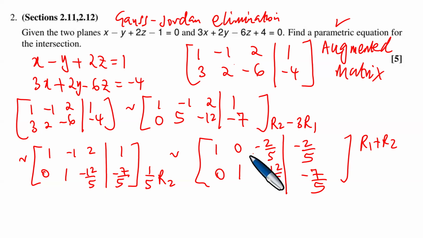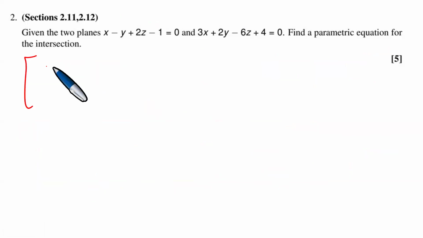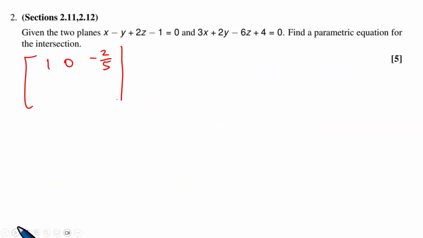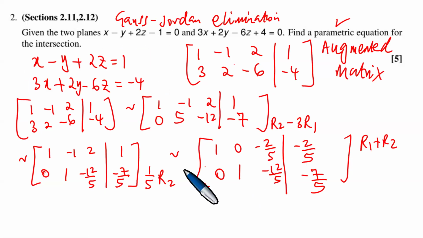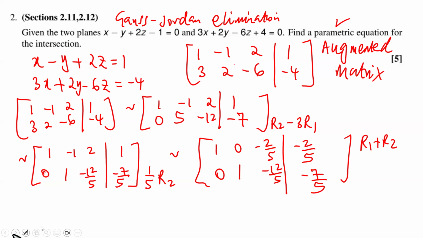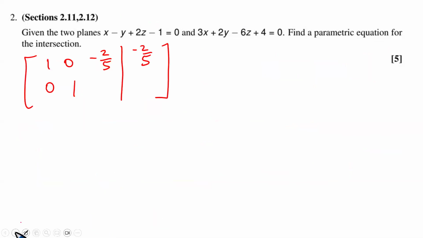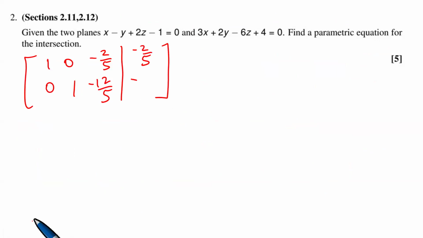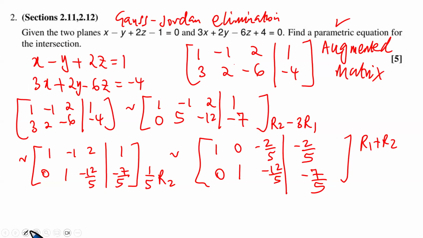The matrix is 1, 0, minus 2 out of 5; then you have 0, 1, minus 12 out of 5, together with minus 7 out of 5.